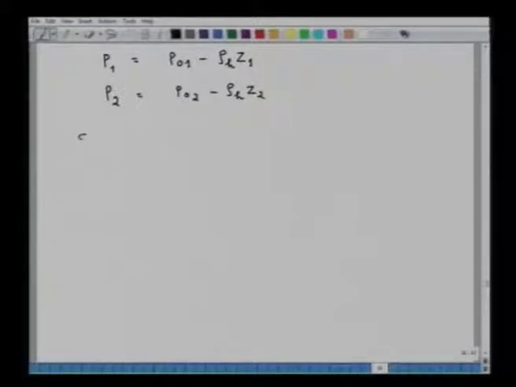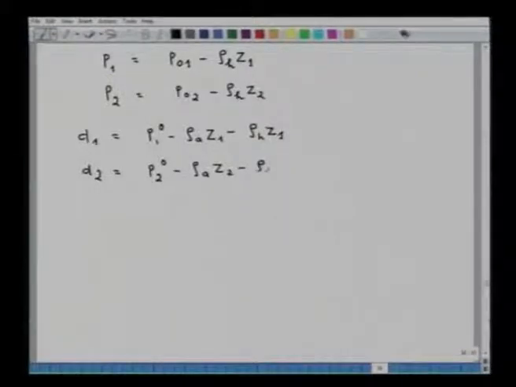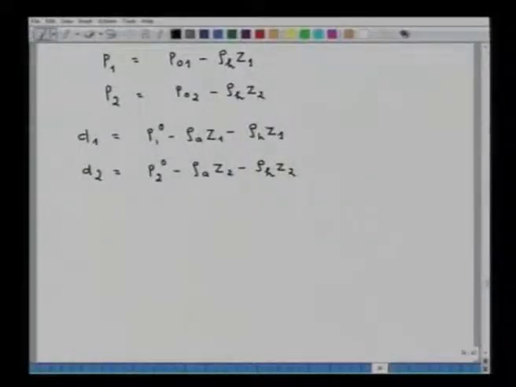Now, we have to define the draft. D1 is equal to P1 naught minus rho a Z1 minus rho h Z1, and D2 is equal to P2 naught minus rho a Z2 minus rho h Z2, whereas P1 naught is the absolute pressure in the system, and rho a Z2 is the density multiplied by the height with reference to the datum plane at the respective positions.